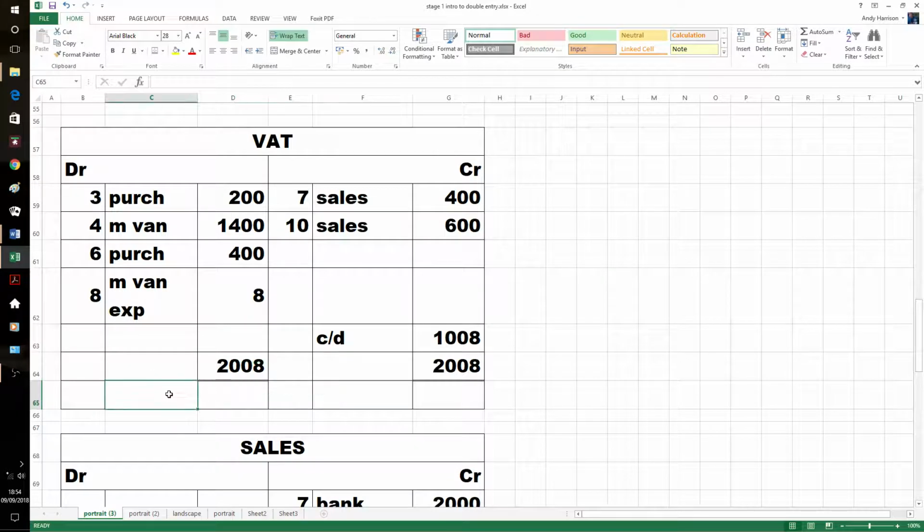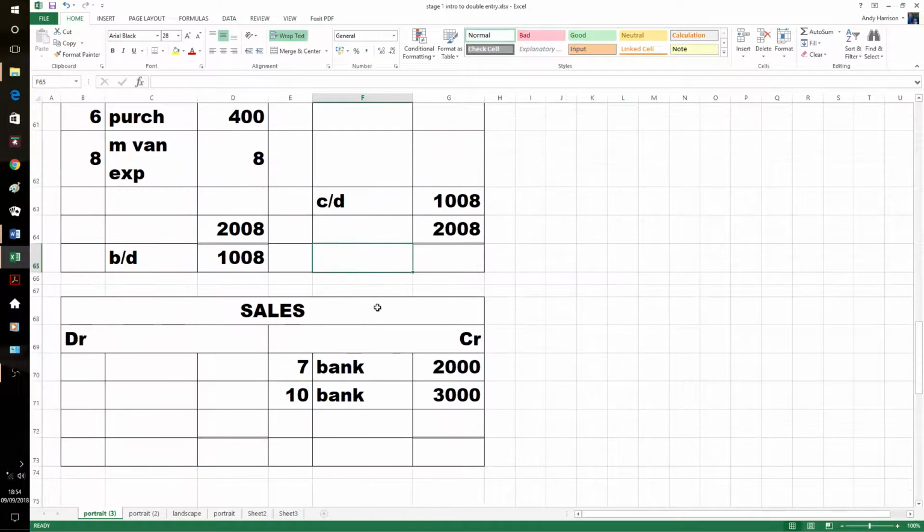And that means we've got an asset, HMRC, £1,008. Wouldn't normally be the case, it's just because she's claiming back £1,400 of VAT on a motor van. Well, she doesn't buy a motor van every quarter, every month, so it wouldn't normally be the case.